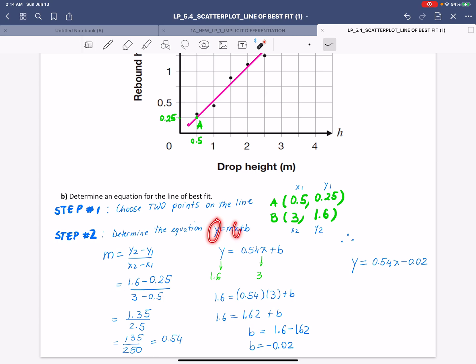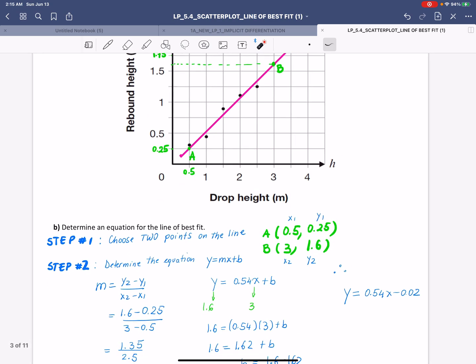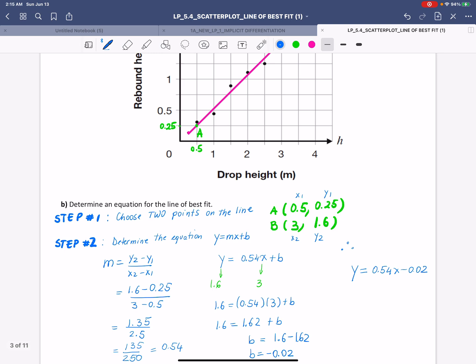But please don't forget at the end to replace the independent and the dependent variable with the respective letters used on the grid, because we are creating the equation for this particular relationship, right? So instead of y, we're going to write r equals 0.54, and instead of x, we're writing h minus 0.02. And this would be the equation of the line of best fit.